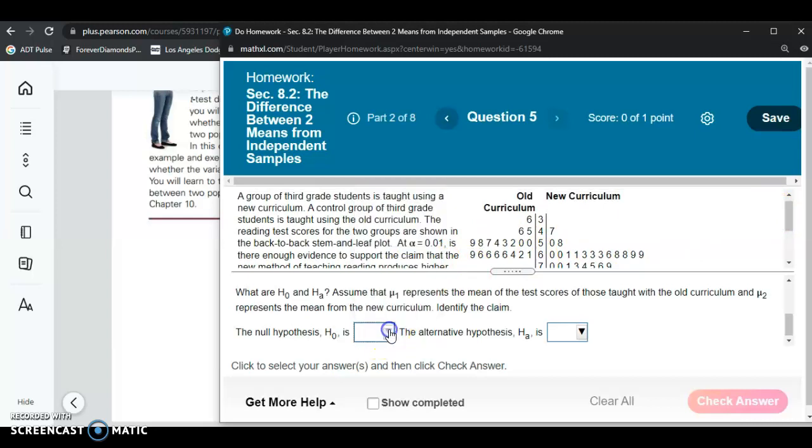In other words, the mean of the second group of students, who are being taught the new curriculum, should be higher than the mean for the first group of students using the old curriculum. Keep in mind we don't know what these numbers are. We don't have the entire population of third graders using the old and new curriculum. So if the second mean is higher, the difference between the means is negative.